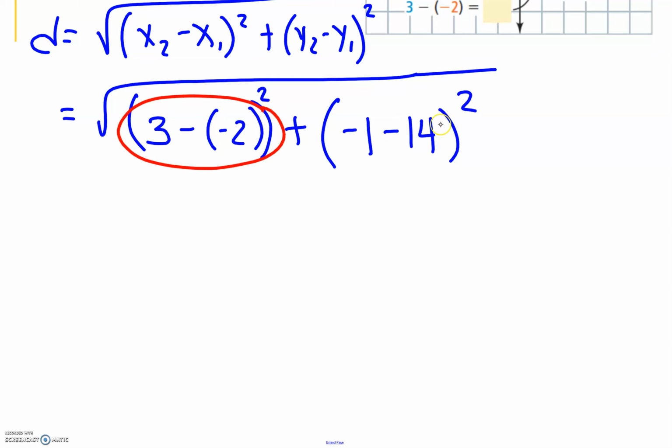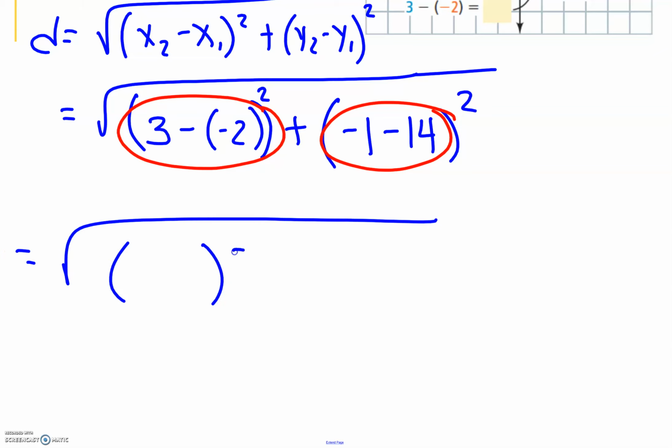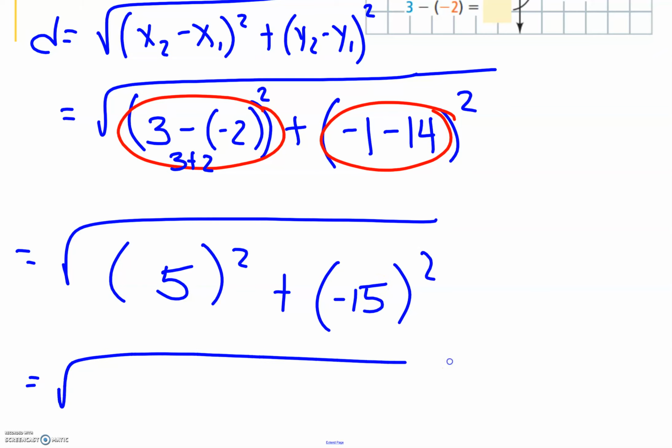We work on these individually first. We work inside the parentheses before we do anything. So I'm going to solve out what's inside the parentheses first. 3 minus negative 2 is the same thing as 3 plus 2, which is 5. Negative 1 minus 14 is negative 15. Then we square these.